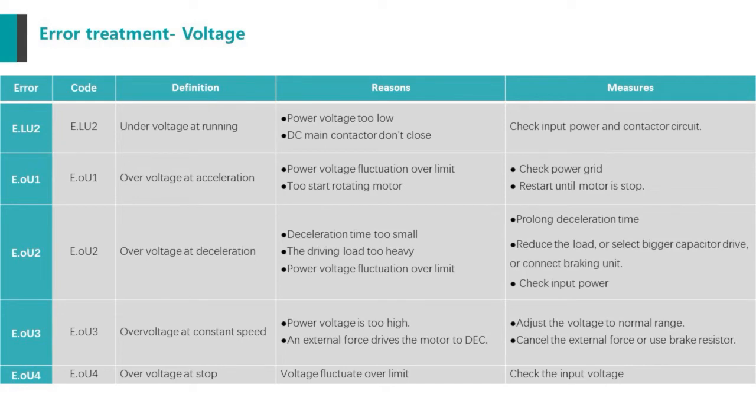The low voltage fault could also be a fan, cooling fan or contactor problem, because the cooling fan and the contactor actually share the same power board with the main circuit power board. An overvoltage fault could also be a load problem, especially for a large inertial load.